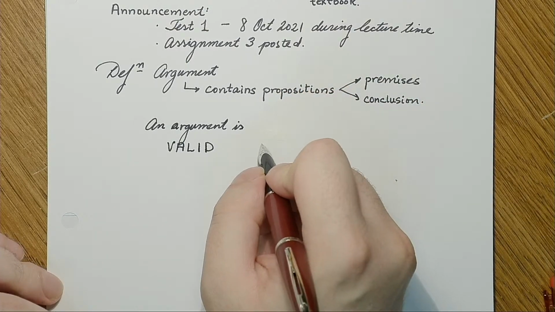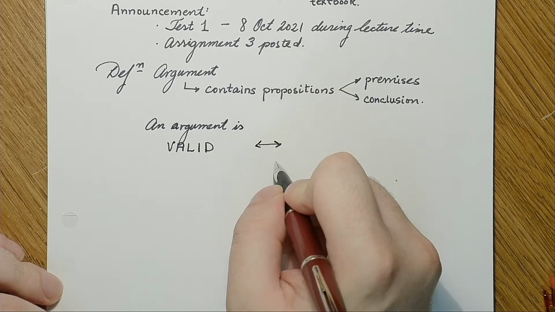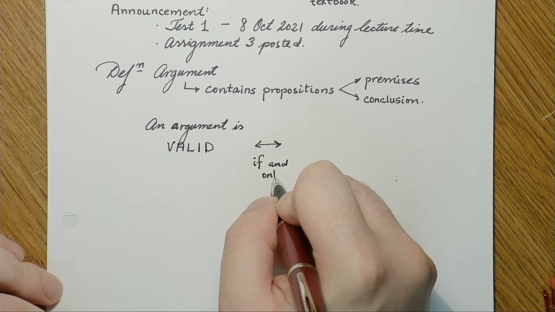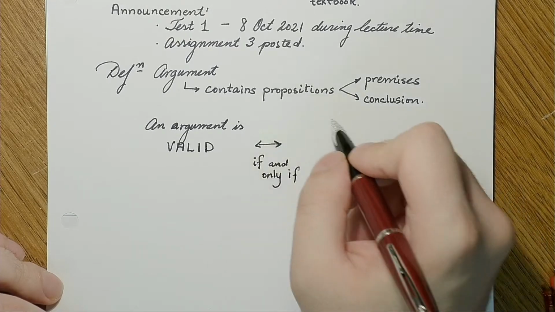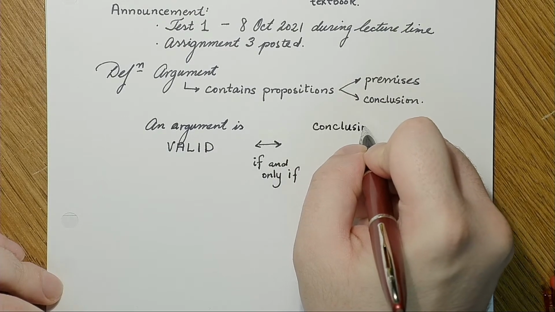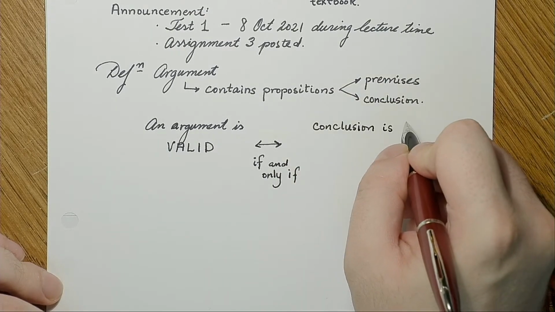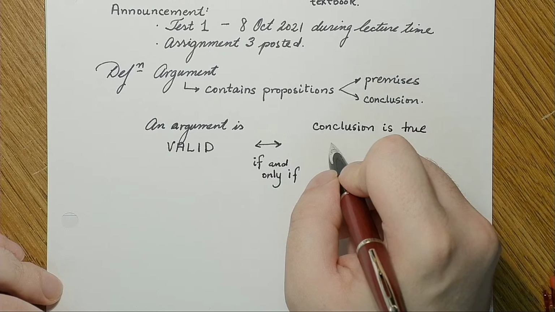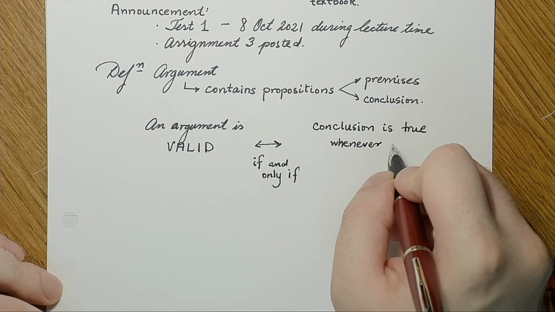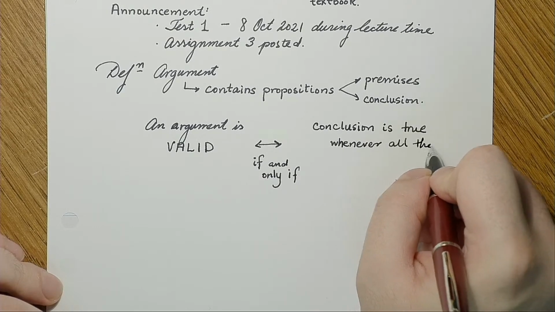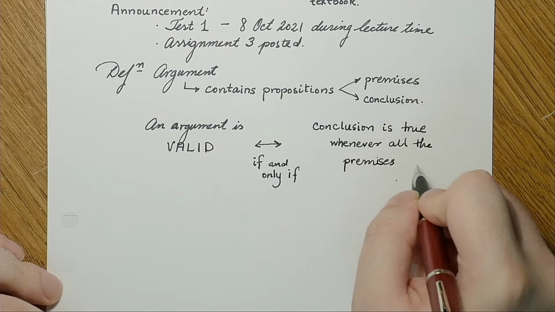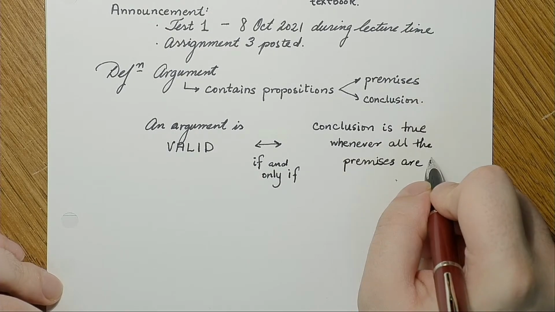And what does that arrow mean? It means if and only if the conclusion is true whenever all the premises are true.